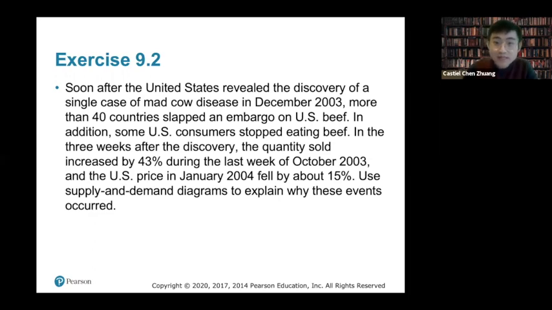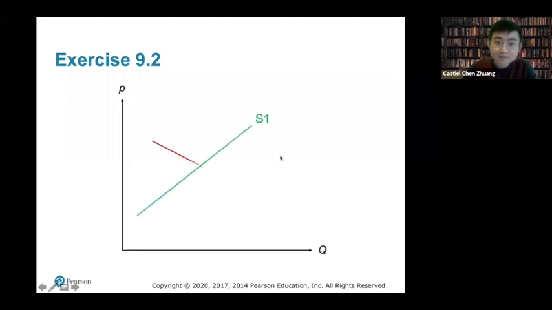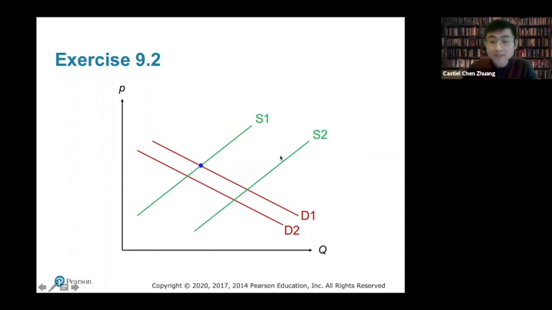So to show that, we have to make sure that the increase in supply is stronger than the decrease in demand, so that it will push the equilibrium quantity to the right. So the equilibrium quantity will be higher than before. Okay, but both movements will lower the price, right?